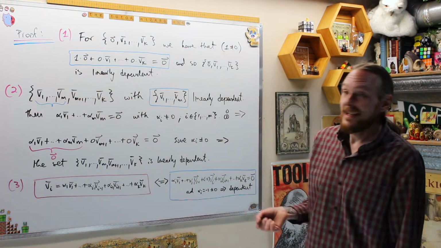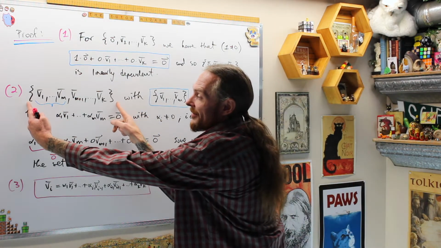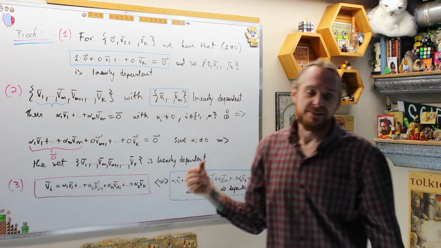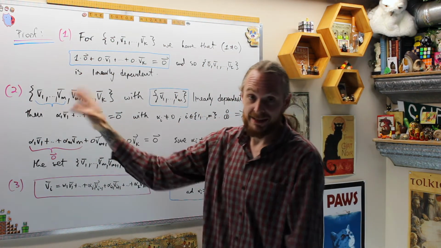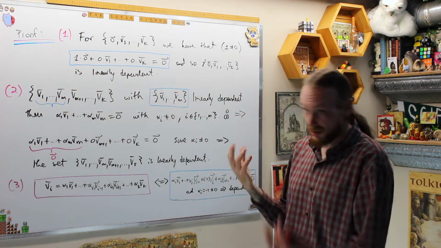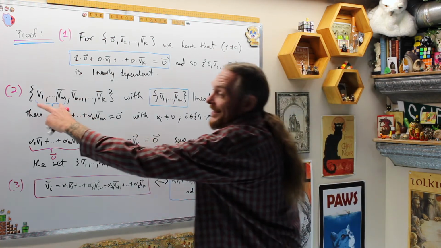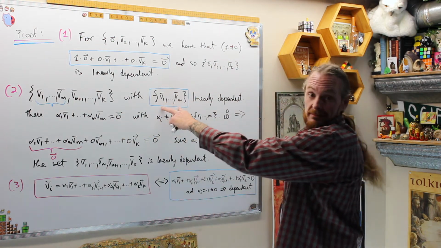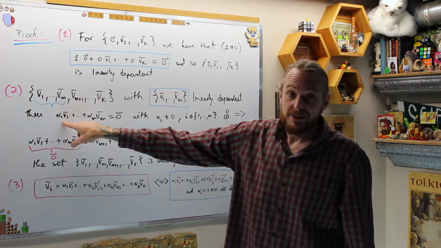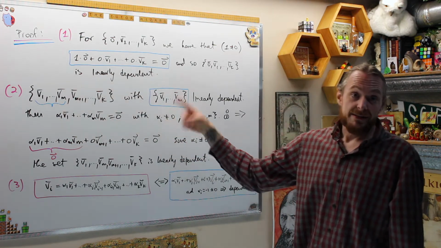Property 2 says that if I take a set of k vectors, but some subset m of them, say the first m, I've re-indexed if possible, just put all the ones that are dependent at the beginning and re-index them, and then the other ones might be independent. We don't know. That's what we're trying to show. But if these guys are dependent, then we know that we can write 0 as a linear combination of those guys, and at least one of those alpha i's is not 0.